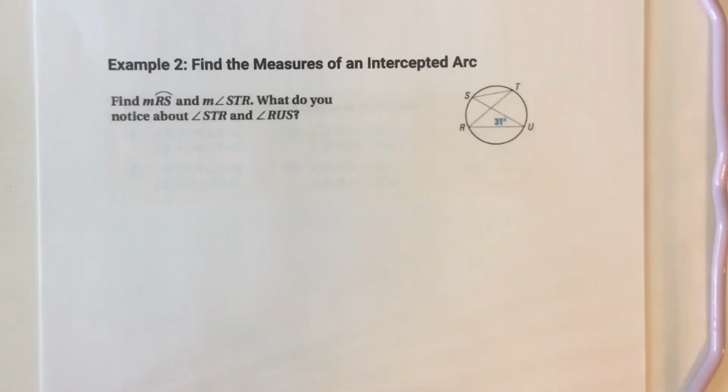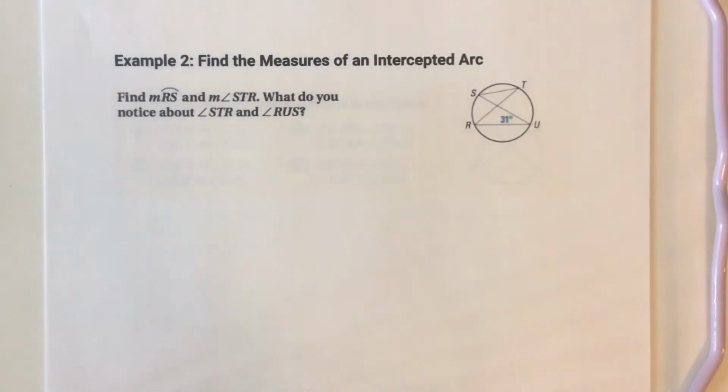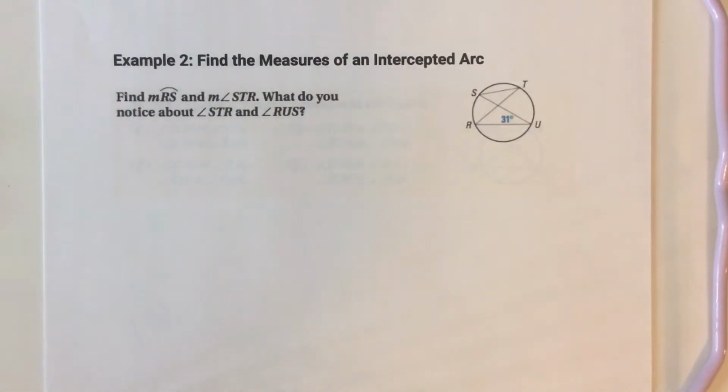If we keep moving forward, things get a little more complex. For example 2, we want to find the measure of arc RS and the measure of angle STR. And then what do we notice about it? We're going to make some observations.